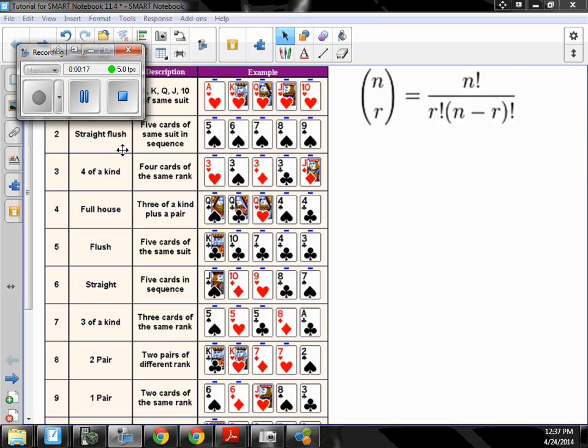Okay, so if you use the nCr button, then the calculator uses a formula to calculate the combinations. And one way to write it is n choose r. That's how we're going to write it today, because that's just the way it's done in the real world. n factorial, what does factorial mean?